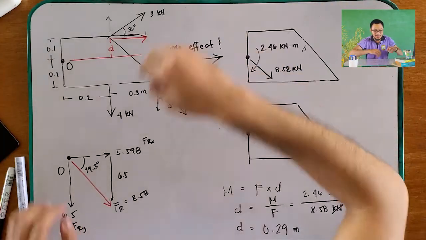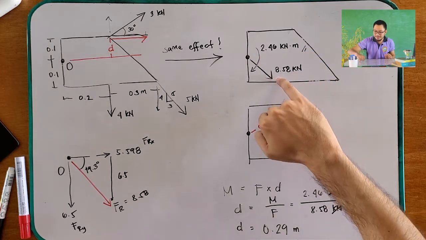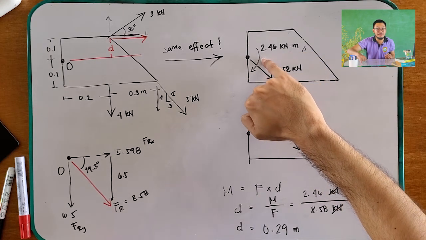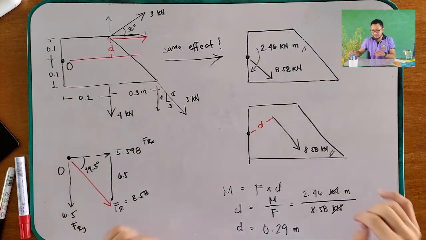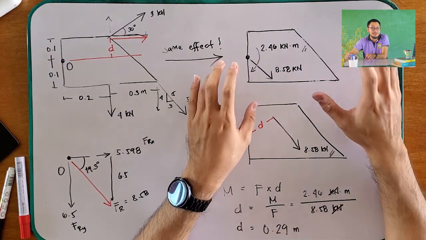Nakasabot. So, di ba, ato to simplify into this one, ato gi-create kay resultant force and then iyang resultant moment. But instead of just staying it here, ato pa siya gi-further og simplify. Kay di ba kung ato ibutang atong force at a distance from point O, we will create a moment.